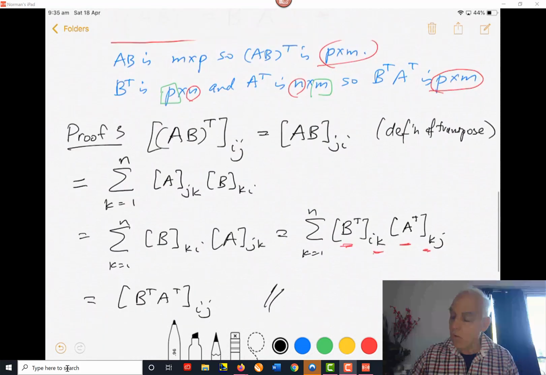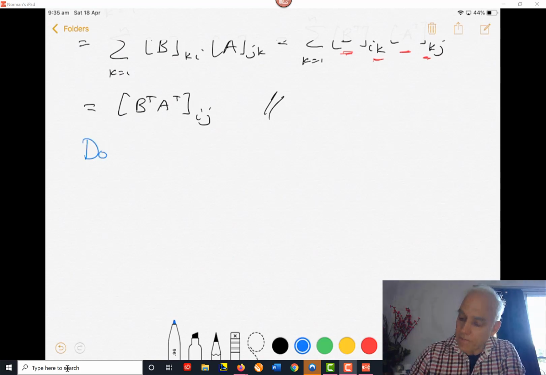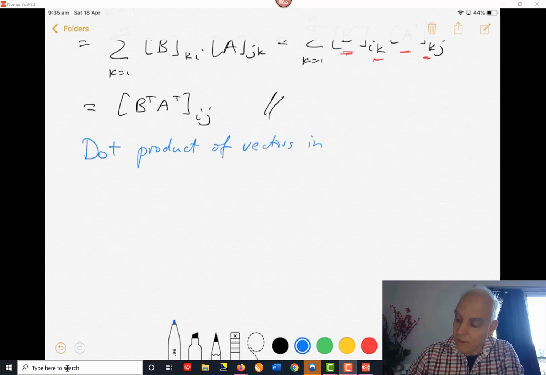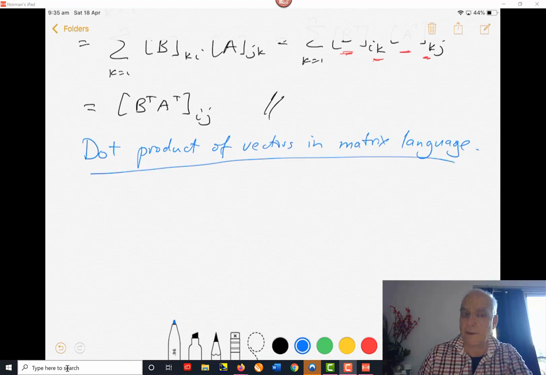Now, another role for transposes is to have a look at the dot product in matrix language. So we now have an opportunity of rethinking what the dot product of vectors is.